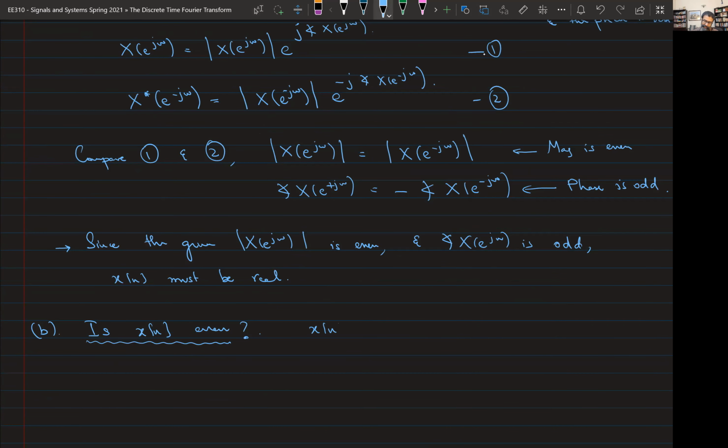So x[n] is not even. Because if it was even, the Fourier transform must have been even as well. And clearly the Fourier transform is not even because the phase is odd. If the phase is odd, the Fourier transform cannot be even, right? And then the question is, is x[n] odd?